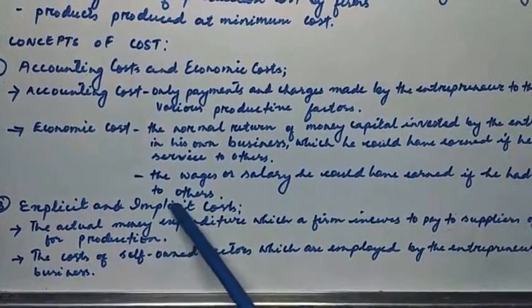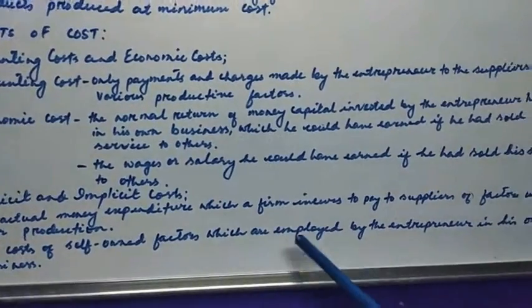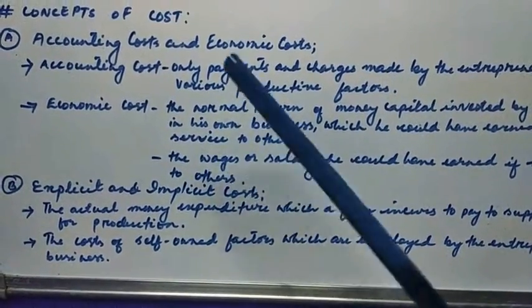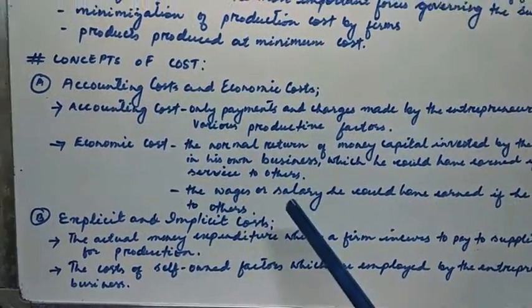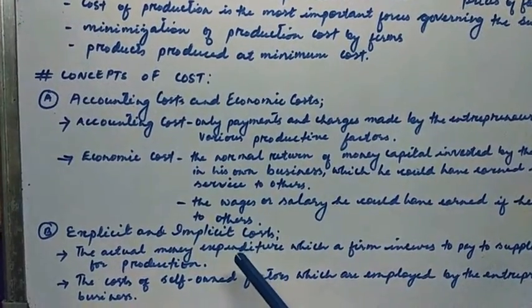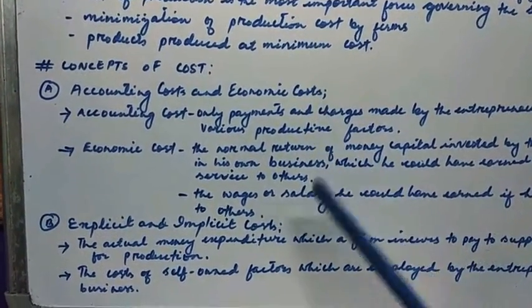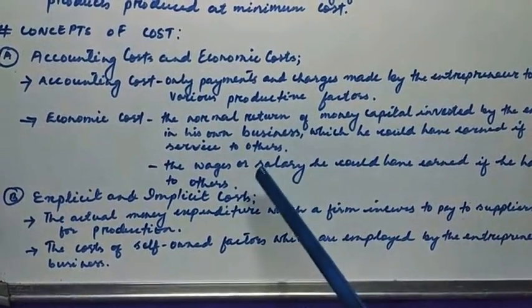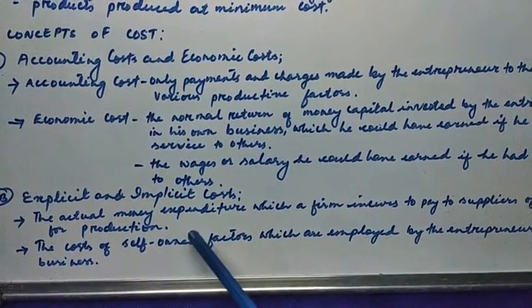What about the implicit cost? It is the cost of self-owned factors which are employed by the entrepreneur in his own business. So the managerial ability, the entrepreneurship, and the time, the energy, the effort that he puts into his work is the implicit cost, or the cost of self-owned factors.